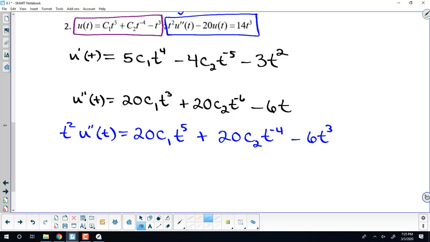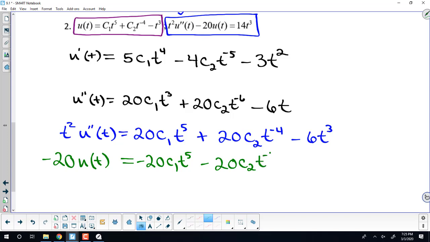So let's just put here negative 20 u of t. And again, you do these however you want to do these, but this is how we're going to do them. So negative 20 times the u of t given. We have negative 20 times c1 t to the 5th, negative 20 c2 t to the negative 4, and, sorry, positive 20 t cubed.